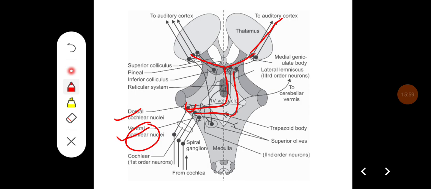From there they go to the auditory cortex, and some of the fibers from the ventral cochlear nucleus go to the superior olivary nucleus of the same side, then they are going to ascend on the same side to end in the superior colliculus. From there the information goes to the auditory cortex.